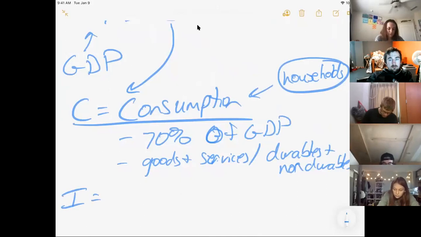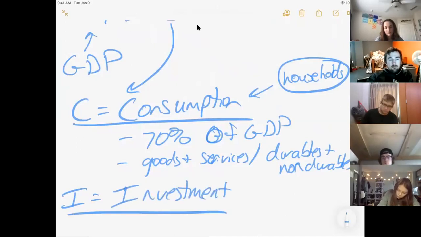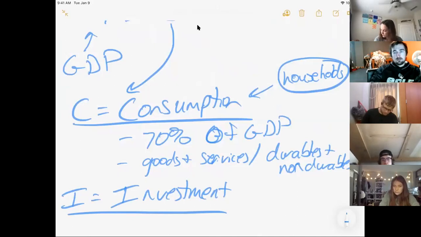All right, I. Any guesses what I is? Not imports, though that will come later. Not income, because remember, we're measuring expenditure. Investment, right?